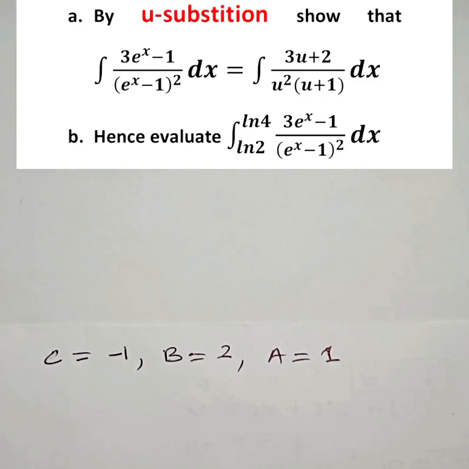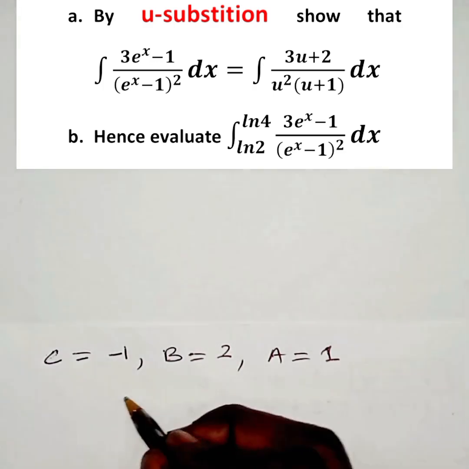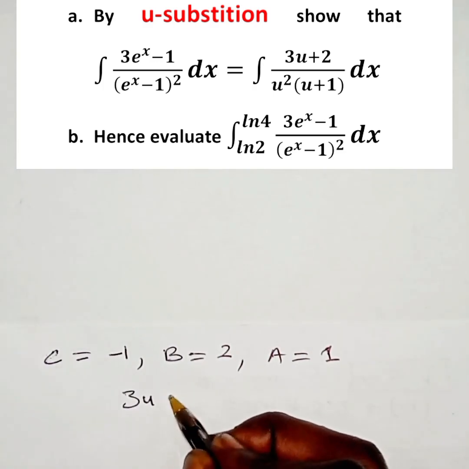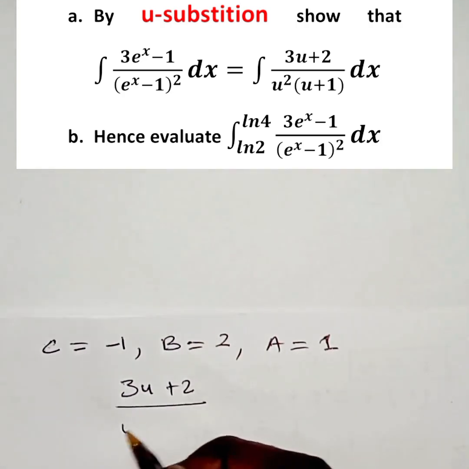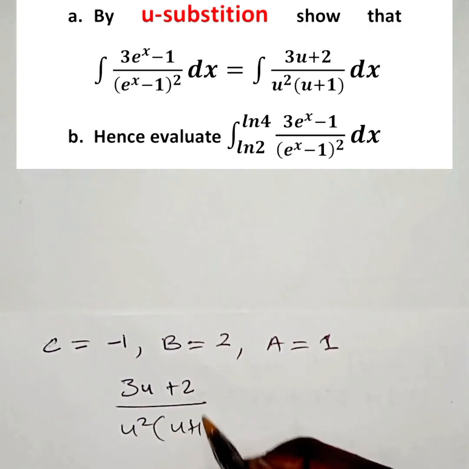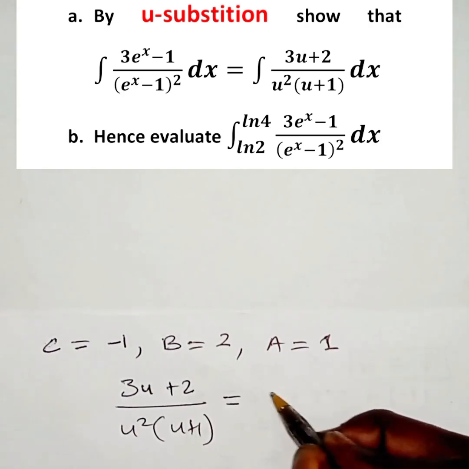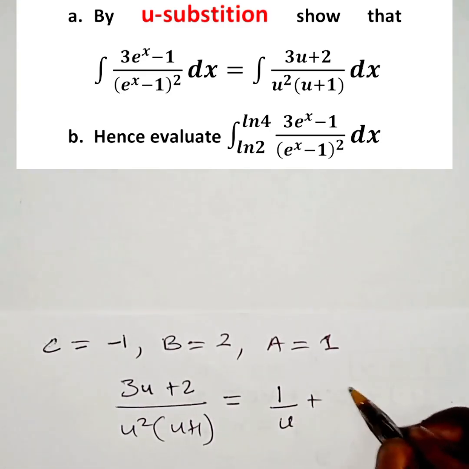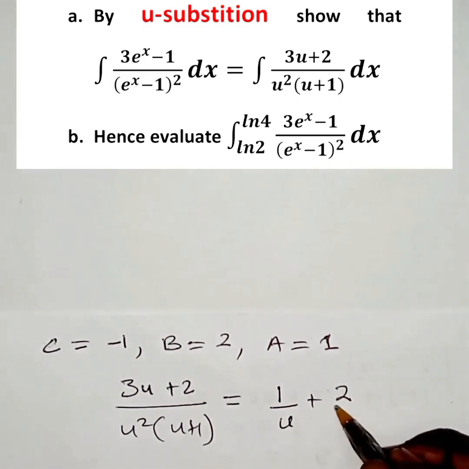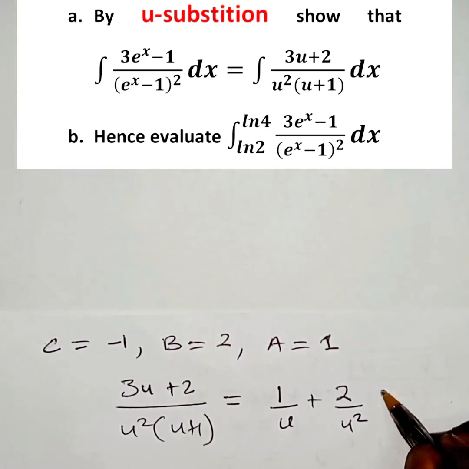From above, we found that c is equal to minus 1, b is equal to 2, a is equal to 1. So now we can write this 3u plus 2, we're just decomposing it into partial fractions now. U squared, u plus 1 is equivalent to, you remember we say a is 1, so that's 1 over u plus 2, that's for b, over u squared minus, we said c is minus 1, u plus 1.